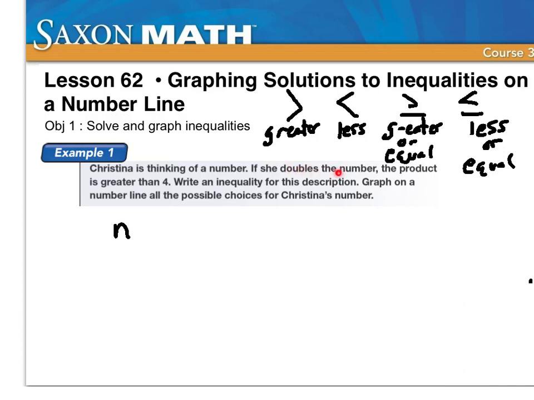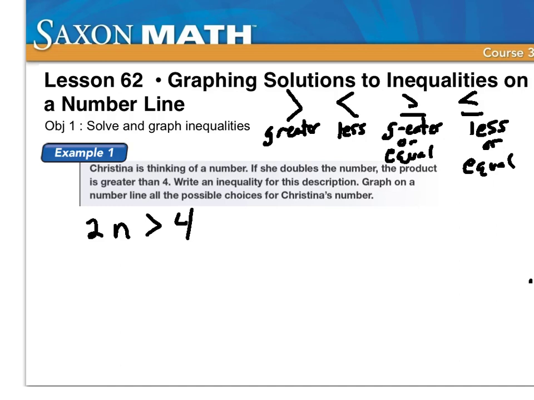Then it says if she doubles her number, the product is... The product means we're going to multiply, and doubles means we're going to take it times 2. So 2 times Christina's number is greater than 4. So we're going to use this greater than symbol here, 4.